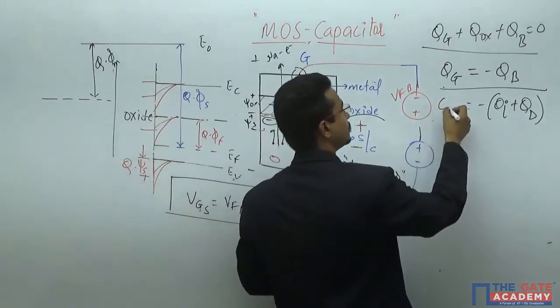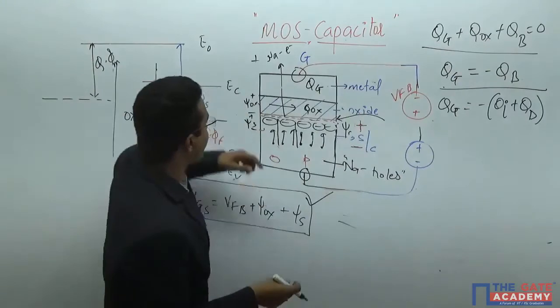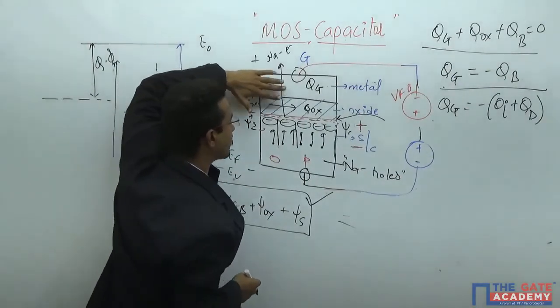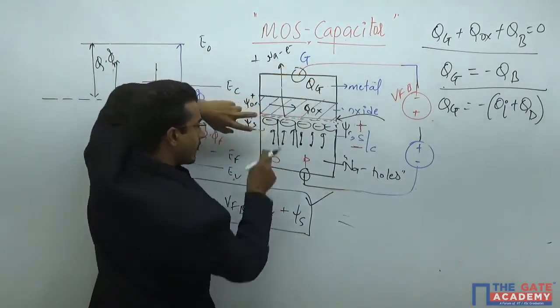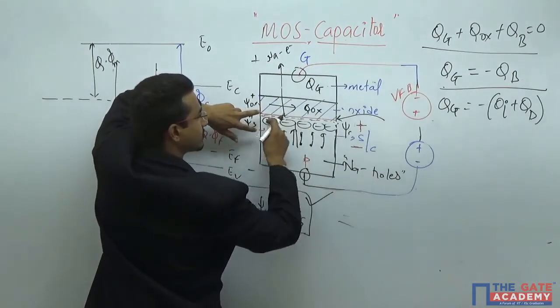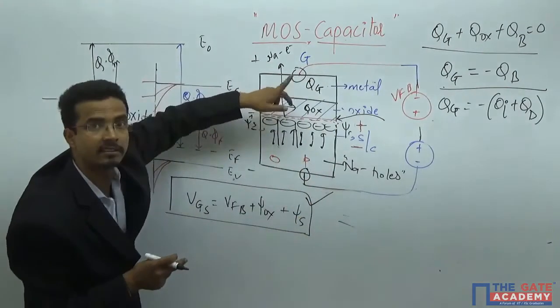QG will vary across this, so you assume all the positive charges in the metal and all the negative charges here.